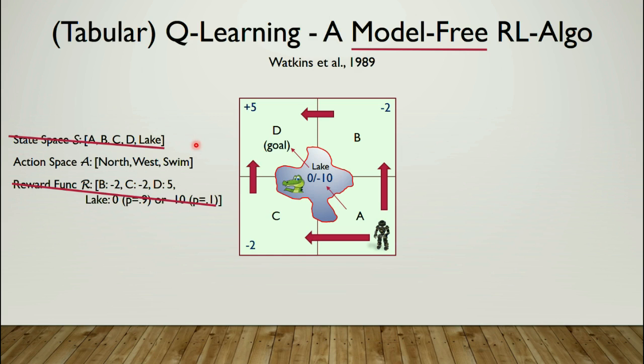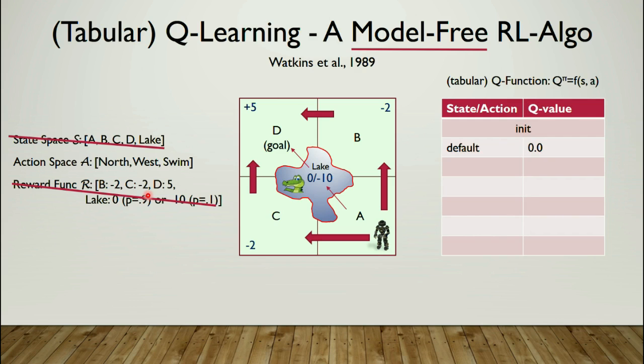So it doesn't need to know what the state space is. It will still get the observations of the current state, but it doesn't need to know what the other states are. And it also does not need to know the reward function. It will only, once it starts acting, receive the single reward signals, lowercase r.